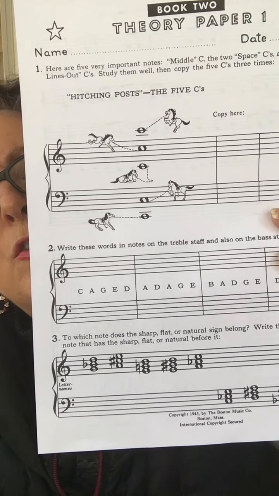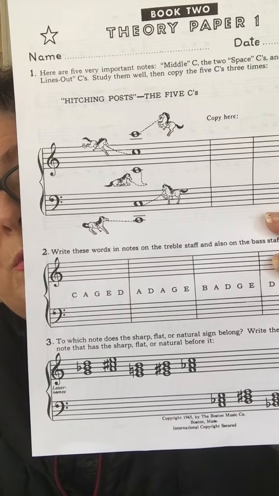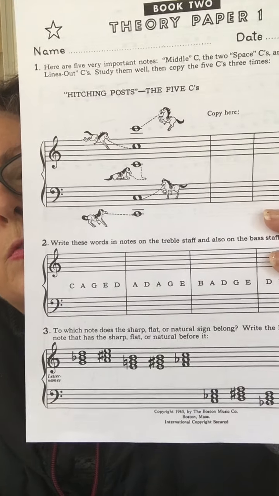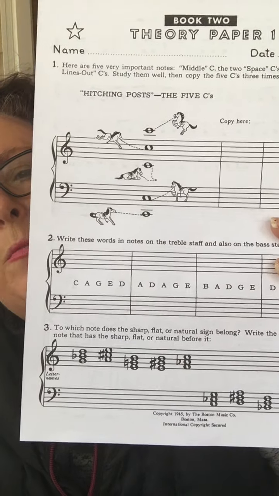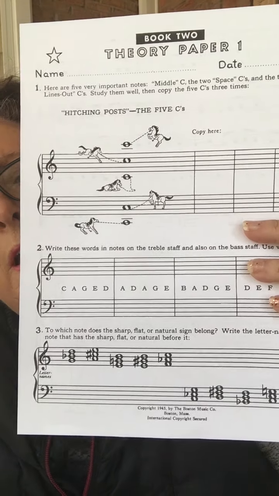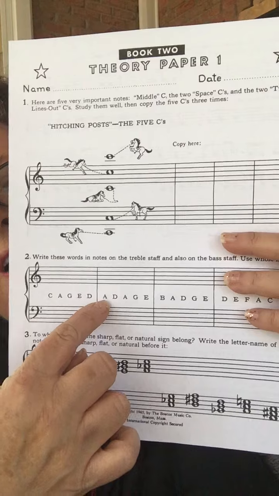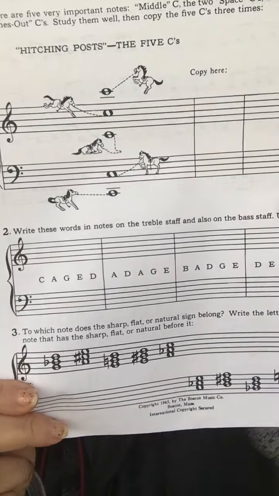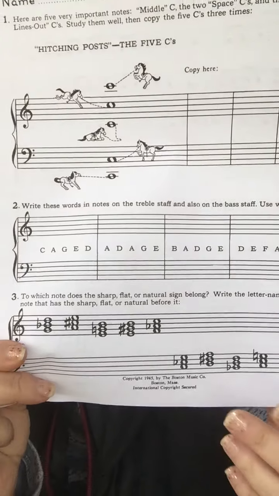And each letter you'll do the same. We know there is more than one C, but you can choose which one you want to draw. It just has to be one in the treble and one in the bass. And they'll spell words kind of like we did when we first started doing videos. And you'll have those drawn in with whole notes.